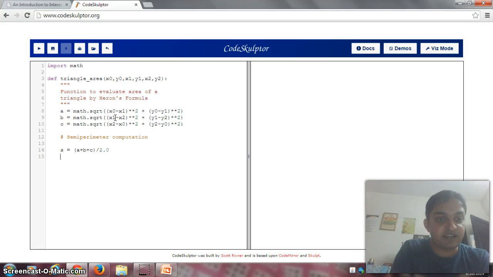Now say we define area by variable A and we compute it as the square root of S times S minus A and so on.